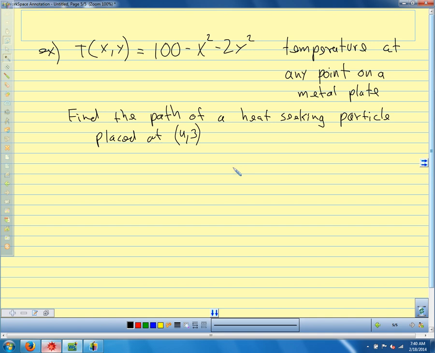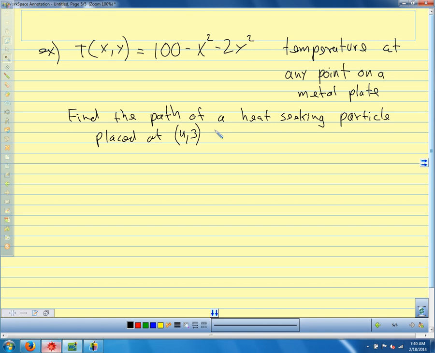Well, what's a heat-seeking particle? All right, so the heat-seeking particle is going to move in the direction, what direction? How are we going to figure this out? What direction is the heat-seeking particle going to move in? Towards, not necessarily the center, but towards the maximum temperature, right? The maximum increase in temperature.